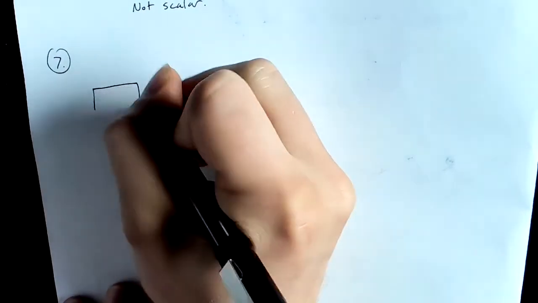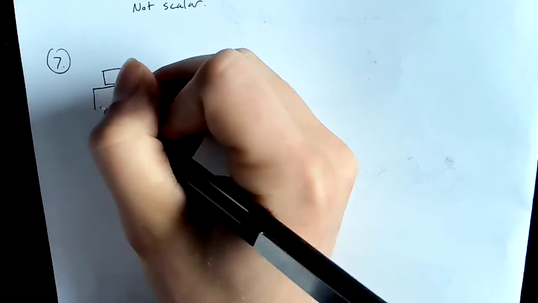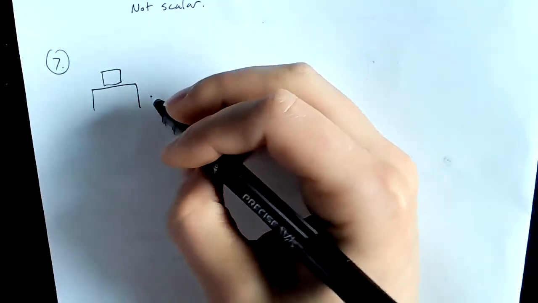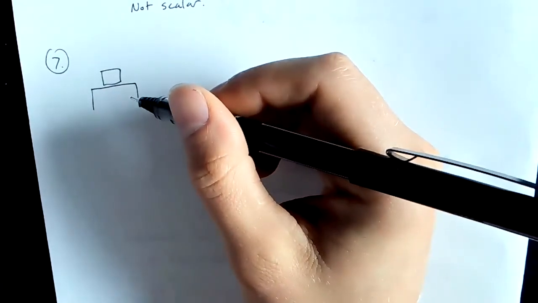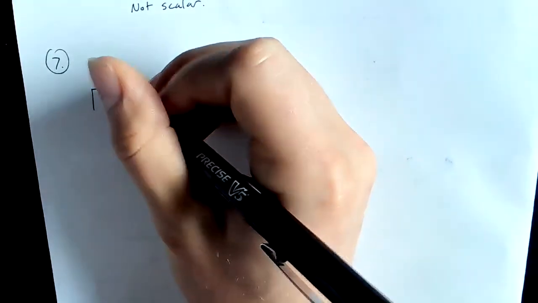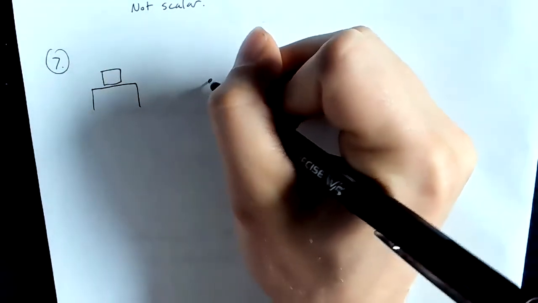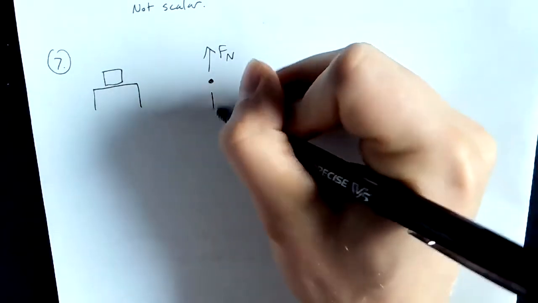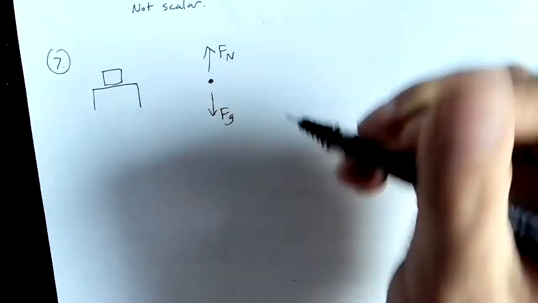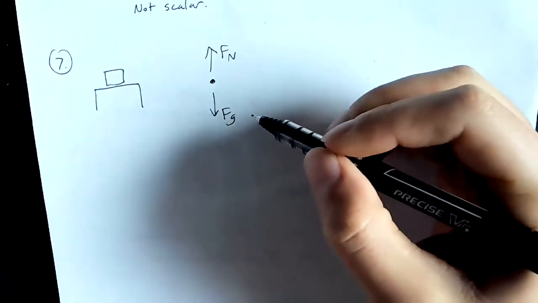Then you're given a drop-down menu in the next question. It says a box is at rest on a table. What can you say about the forces acting on the box? Well, there is a normal force pointing up, and the force due to gravity, the gravitational force pointing downward.